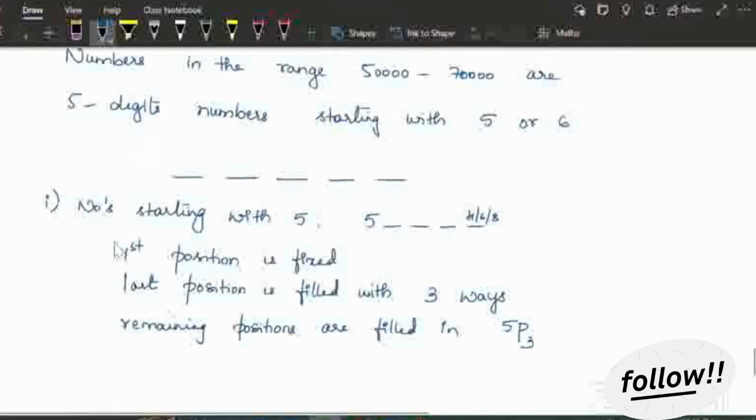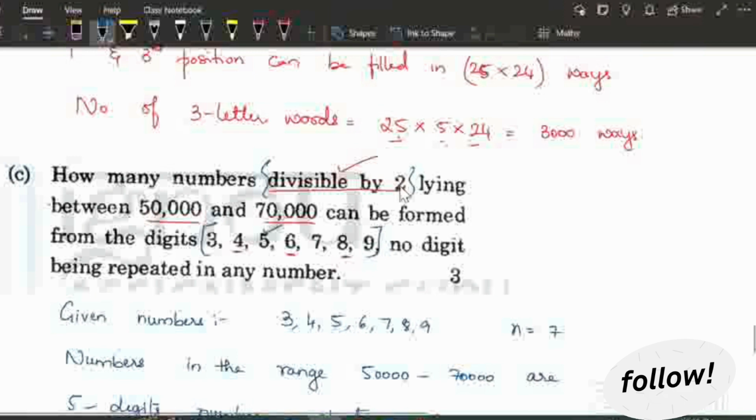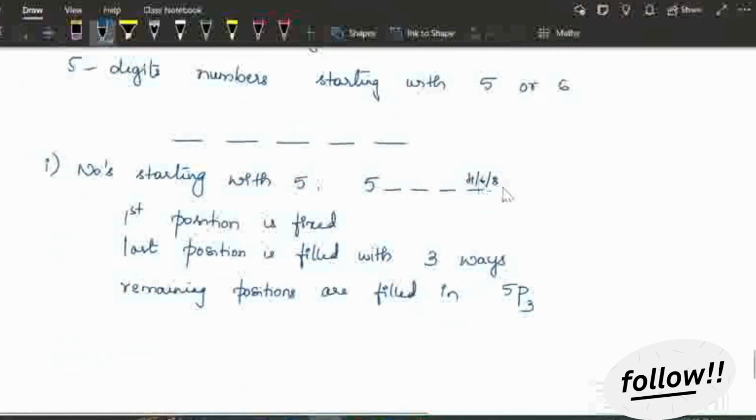First I am considering numbers starting with 5. If the number is starting with 5, the first position is fixed with 5. Now the last position has to be an even number, because the number should be divisible by 2. So the last digit must be either 4 or 6 or 8. So there are 3 ways of filling the last position.